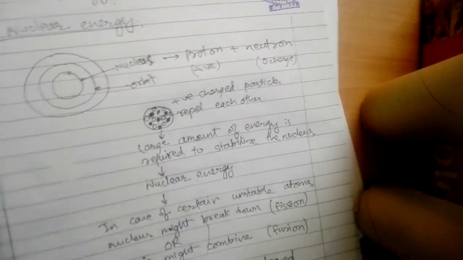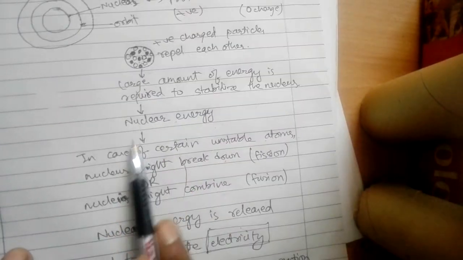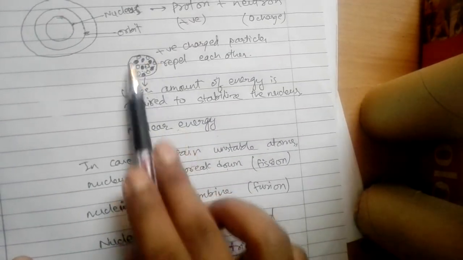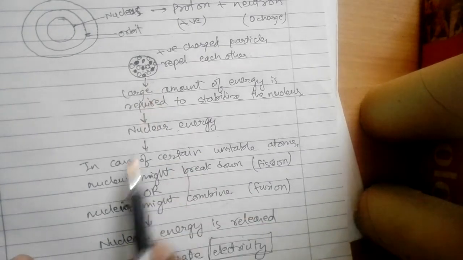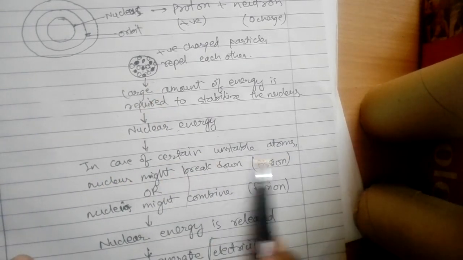Now we have already discussed in our previous page that most of the atoms are stable and they do not release nuclear energy, but some atoms are still unstable.